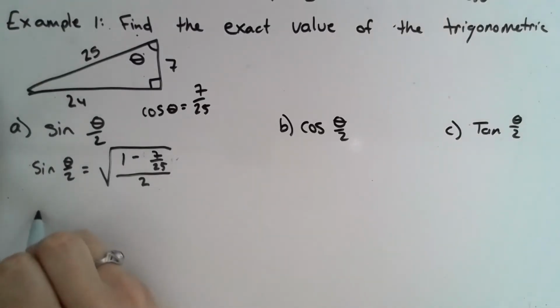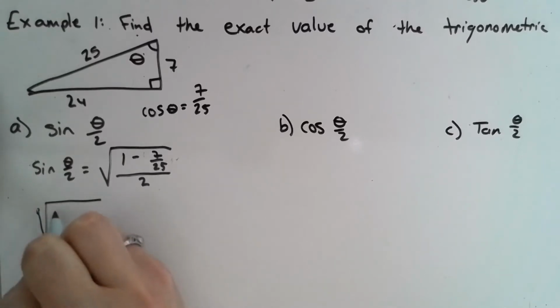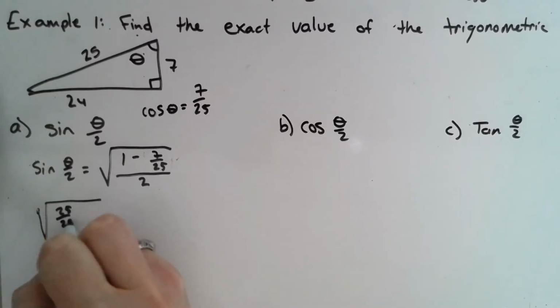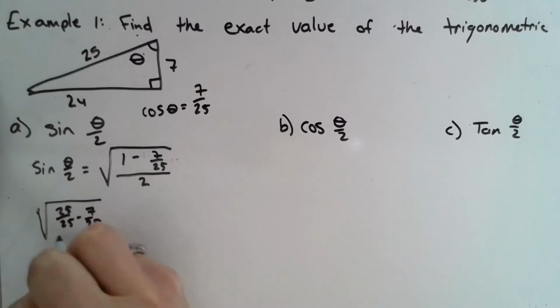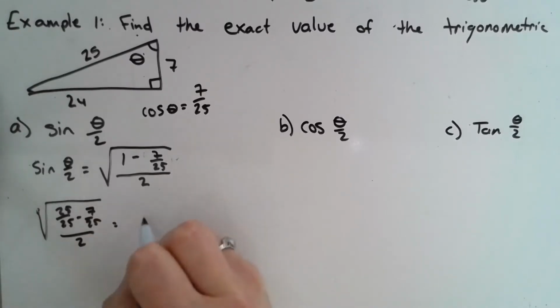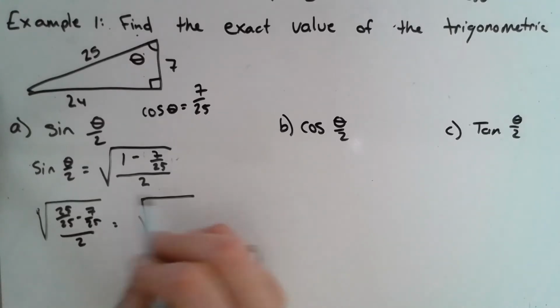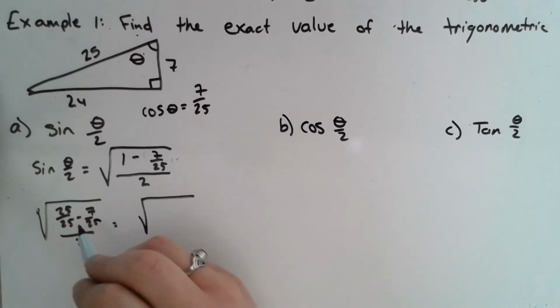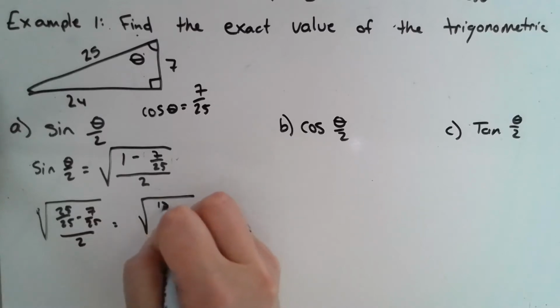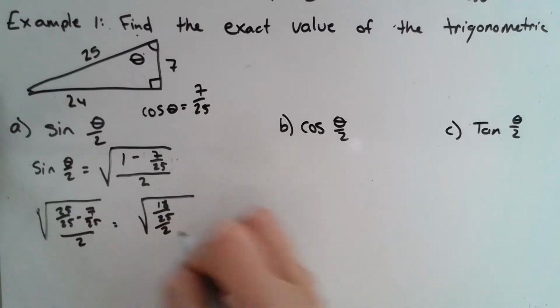So this is the square root of 25/25 minus 7/25, over 2. So that's the square root of 25 minus 7, so 18/25, over 2.